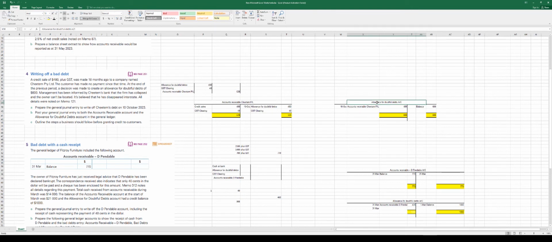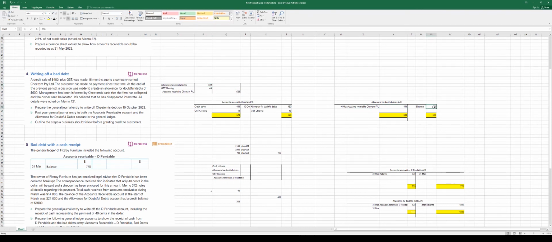Next thing is allowance for doubtful debts. It says here a decision was made to create an allowance for doubtful debts of $600 at the end of the previous period, which means that the balance at the start of this period is $600, and that's why we have this entry here. Balance $600. And you know that 480 has turned into bad debts, so we have to record that too.